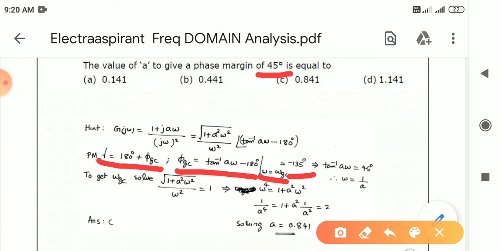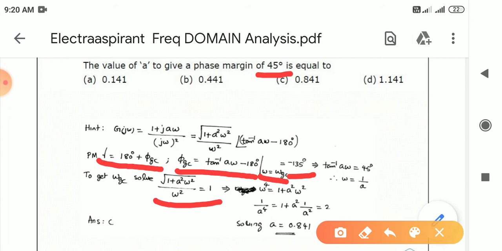Now by equating this relation, we can arrive at the relation tan inverse a omega equal to 45 degrees, or in other words omega equal to 1 by a. So we have a relation between a and omega. Now to find the gain crossover frequency: when the magnitude equals unity, the corresponding frequency is named the gain crossover frequency.